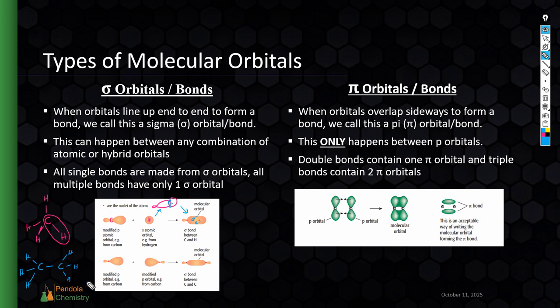If we look at this ethane and focus in on this carbon-carbon single bond, each of those carbons will have hybrid orbitals that it has created, and then those hybrid orbitals can overlap end to end to create a bond. So end to end. Let me draw that a little better.